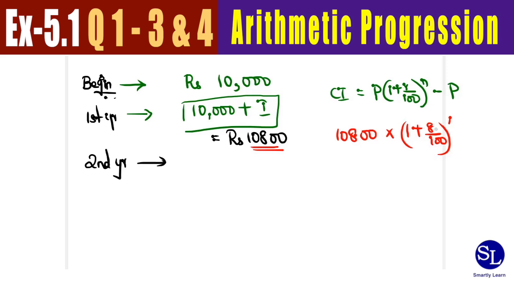It is 1 plus 8 divided by 100, the whole power 1. So this is 10800 into another 108 by 100. I strike out the 0 here. So essentially we are computing 108 the whole square, which is equal to rupees 11664.